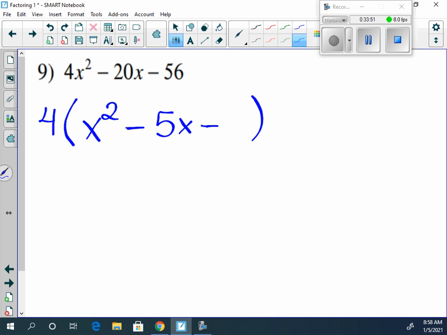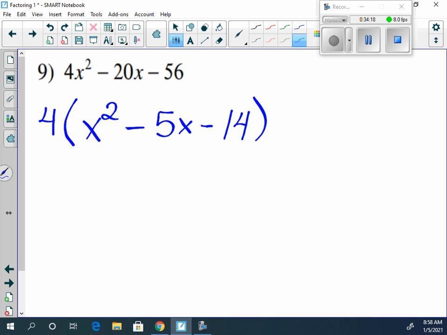Now we have to factor 4 out of negative 56, or 56 divided by 4 would give us what? 14. So there was a greatest common factor of 4 this time, so we factored it out first.